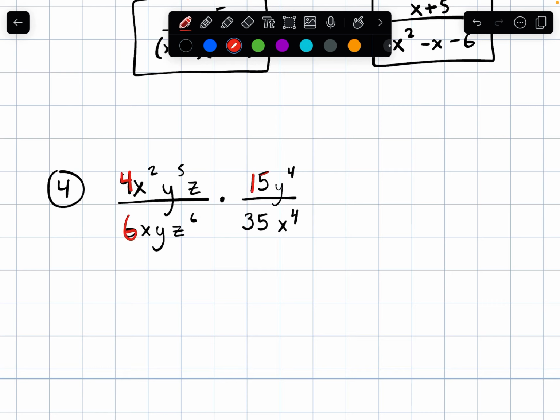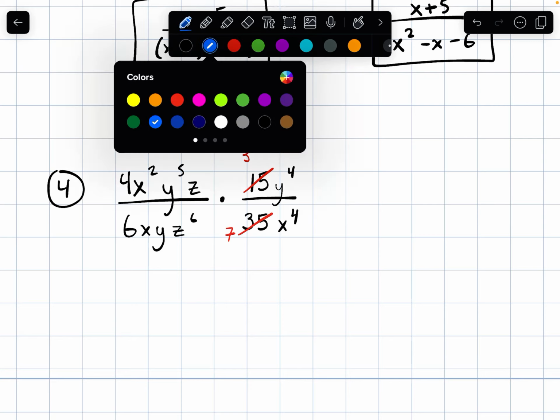So if I look in the numerator and denominator at just my numbers, I'm going to put these in red here: 4, 6, 15, and 35. I'm going to try to reduce these numbers first. When I look at them, I should notice that 15 over 35, if I divide both of these by 5, we get 3 over 7. So those do reduce.